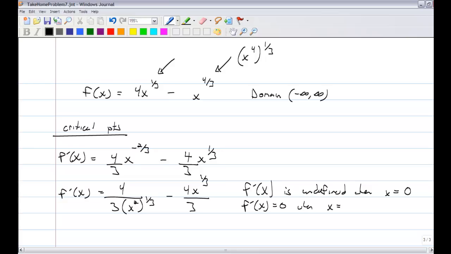So when is the derivative of that thing 0? When x equals 1. Yeah, when x equals 1.